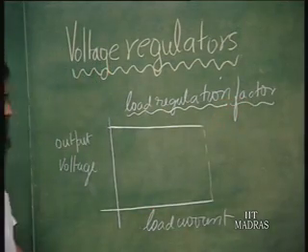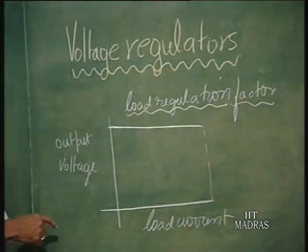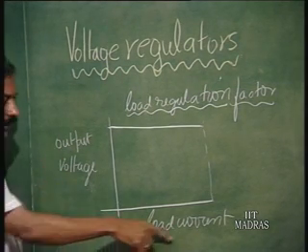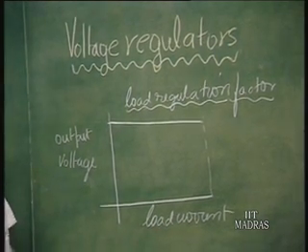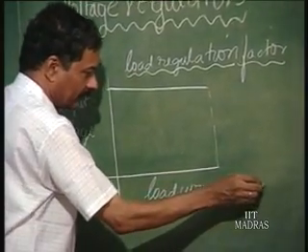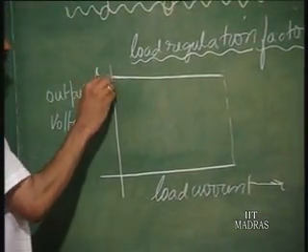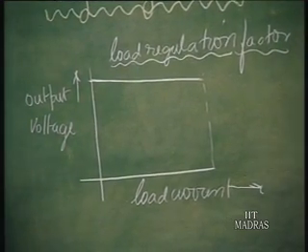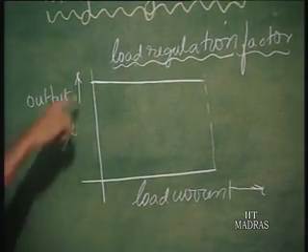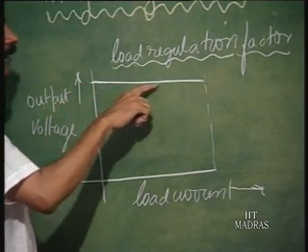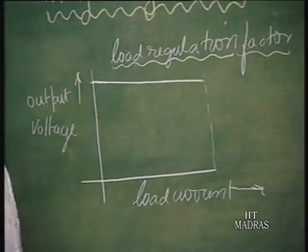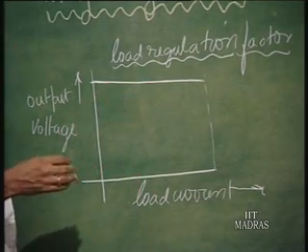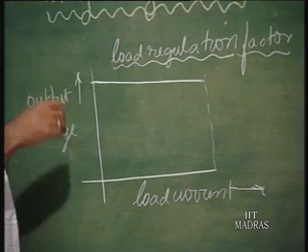What it means is, when I plot the regulated output voltage versus load current, it should remain constant, but in most of the regulators it will reduce slightly. If it is a good regulator, it will reduce slightly as current increases. This is because of the effect of output resistance.